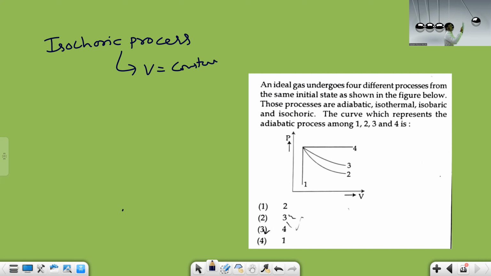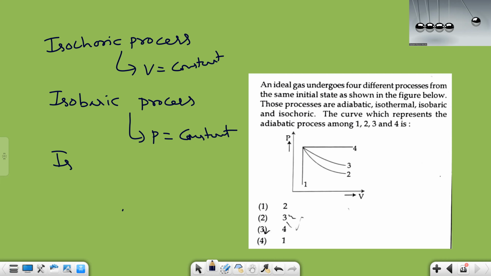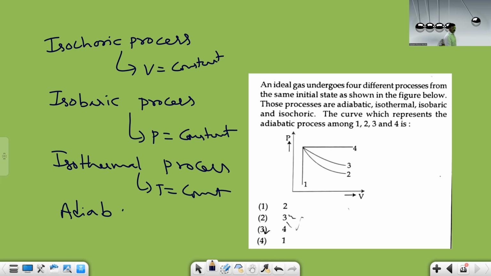The isobaric process is nothing but pressure is constant. In the isothermal process, temperature is constant. And in the adiabatic process, heat is constant, Q is constant. Like that, we have some stuff.